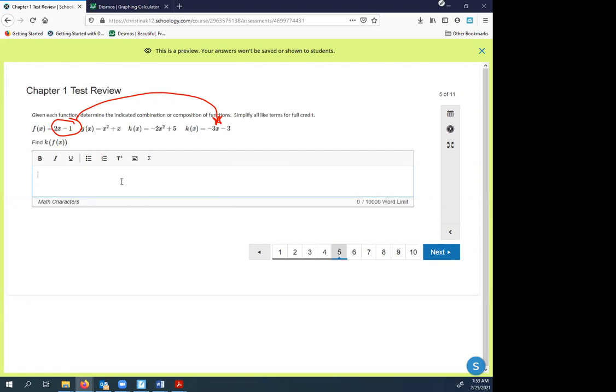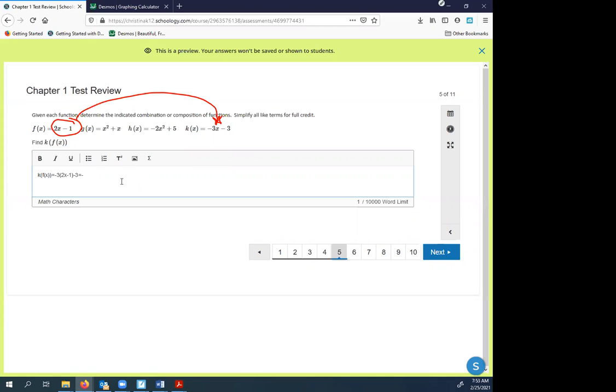So K of f of x is equal to, K starts with negative 3. Then I have an x here, so I'm going to put parentheses: 2x minus 1. And then after the x, it says minus 3. Let's distribute the negative 3.